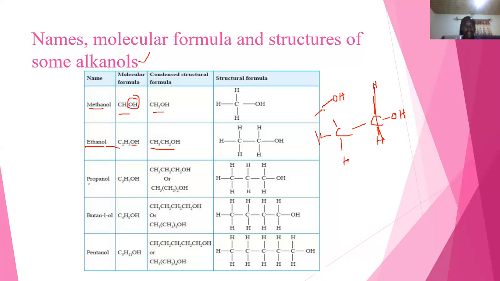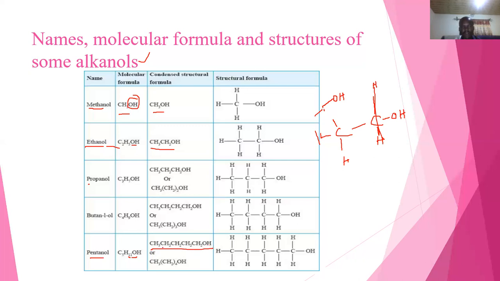So pentanol, let's check at the pentanol here. In pentanol also, one hydrogen has been replaced. There were to be 12 from the alkane, because 5 times 2 plus 2 is 12, but here they are 11, because one has been replaced by the hydroxyl group. Now the molecular formula is this one, but we can condense it.